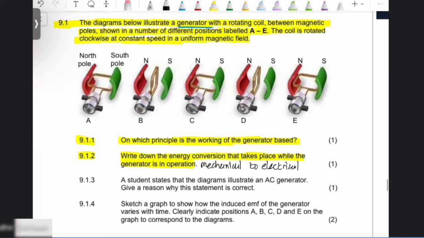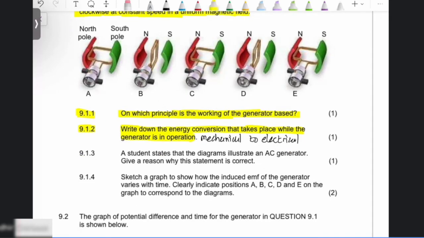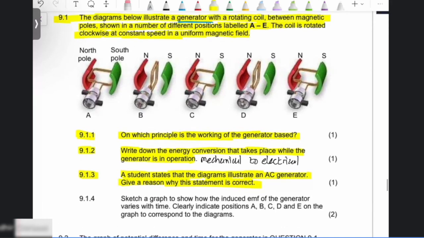Right, 9.1.3, guys. It says a student states that the diagrams illustrate an AC generator. Give a reason why the statement is correct. Because this is an AC generator, definitely, but why? Because we see that we have two rings here.